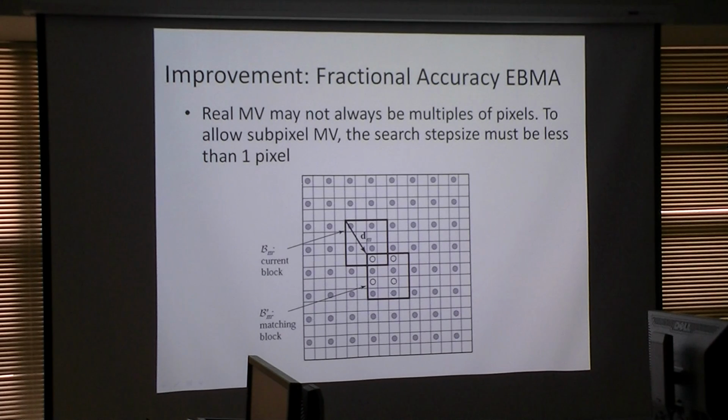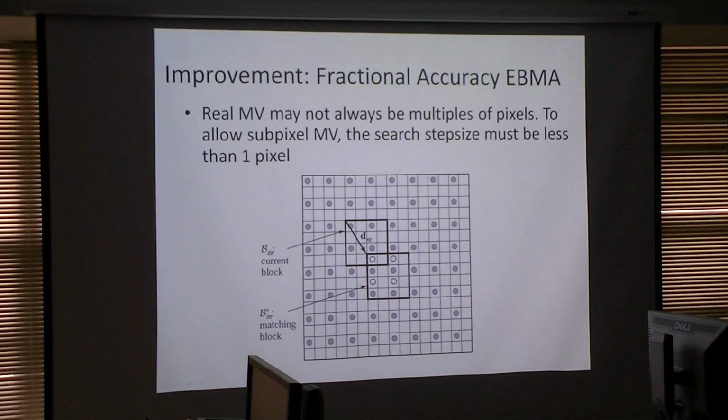And there are some improvements for the EBMA. It's called fractional accuracy. The real motion vector may not always be a multiple of a pixel. So we try to allow the subpixel motion vector.